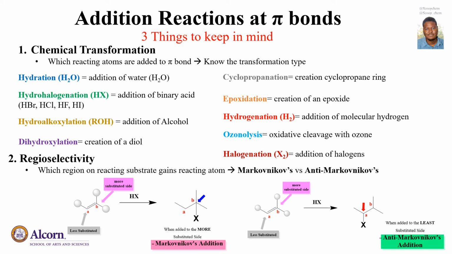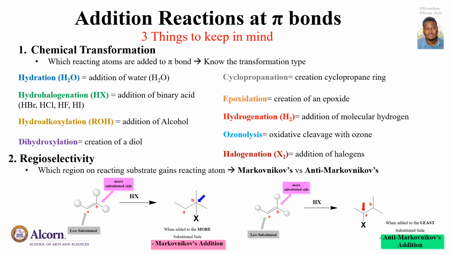So for all of the transformations given above, hydration, hydrohalogenation, hydroalkoxylation, dihydroxylation, cyclopropanation, epoxidation, hydrogenation, ozonolysis, and halogenation, we also want to consider what regions are gaining things.